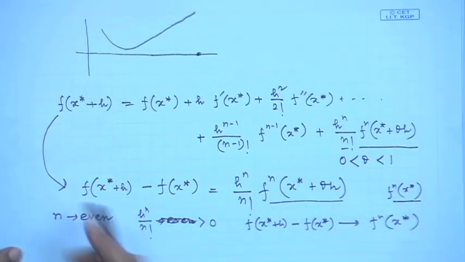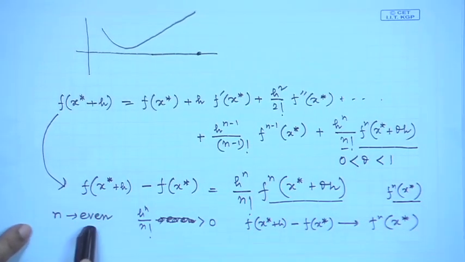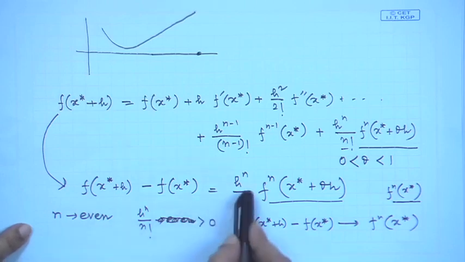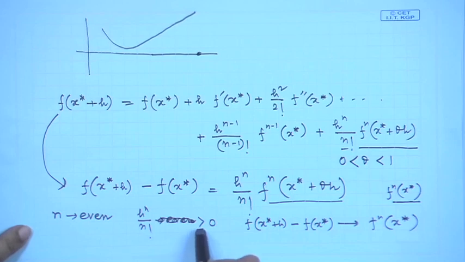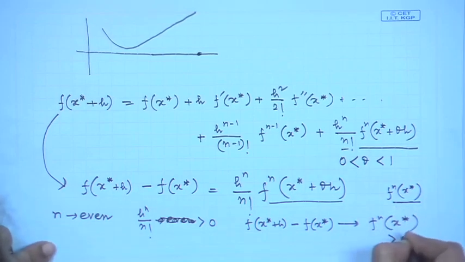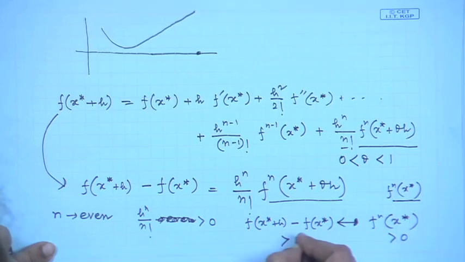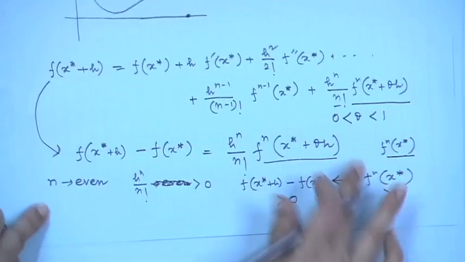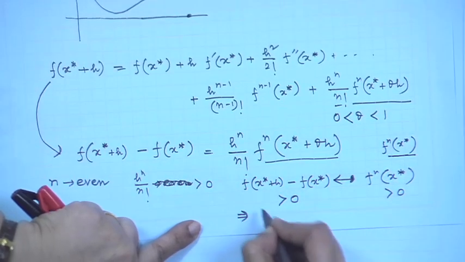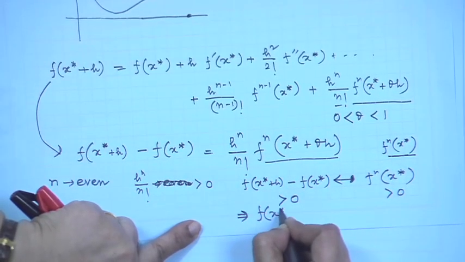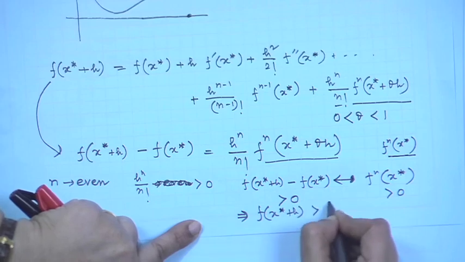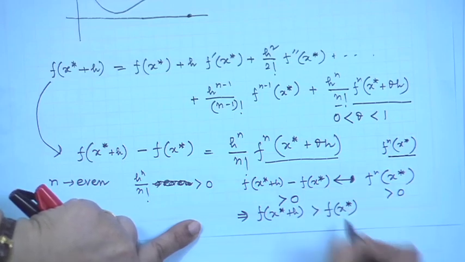Now, from here, if n is even, then h to the power n by n factorial must be positive. Now, if f n x star is positive, it concludes that this is also positive. If this is positive, what we can conclude is that f of x star plus h is greater than f x star.